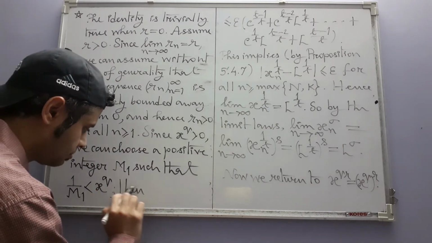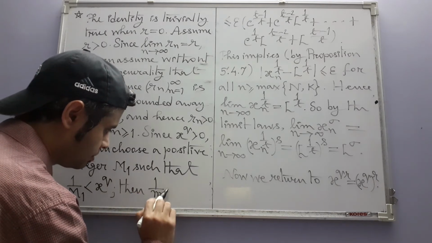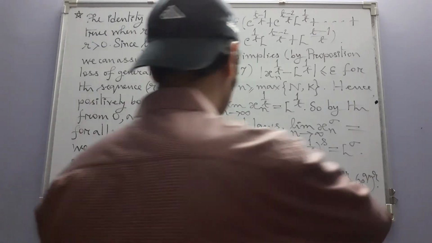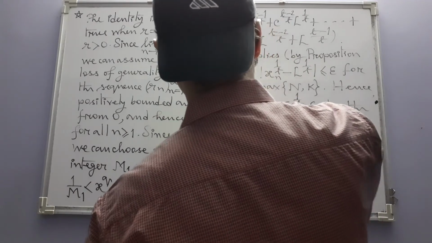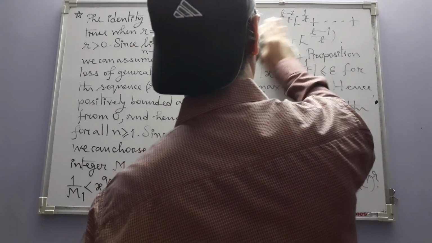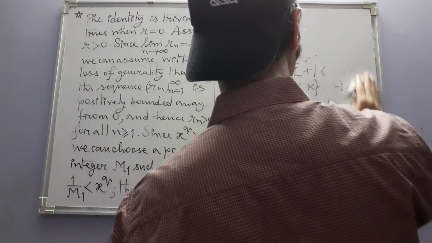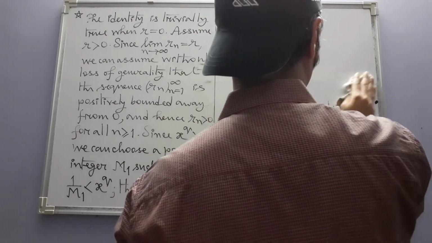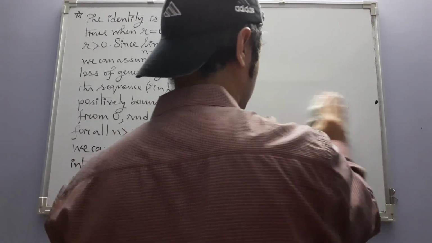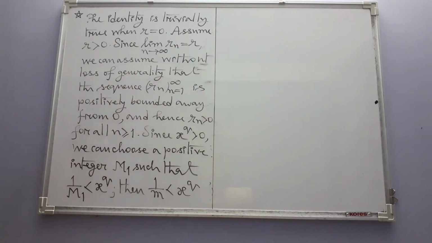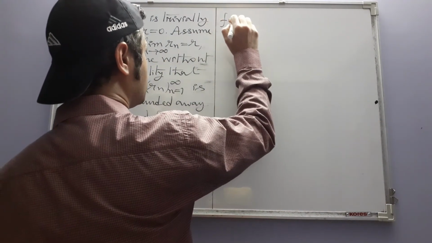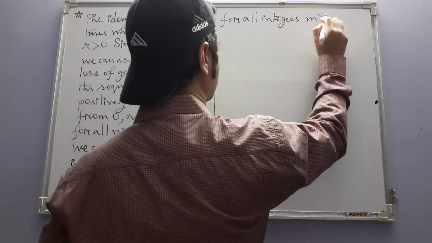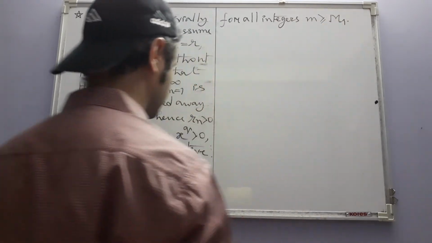Then 1 over m is also less than x to the power q for all integers m greater than or equal to m1.